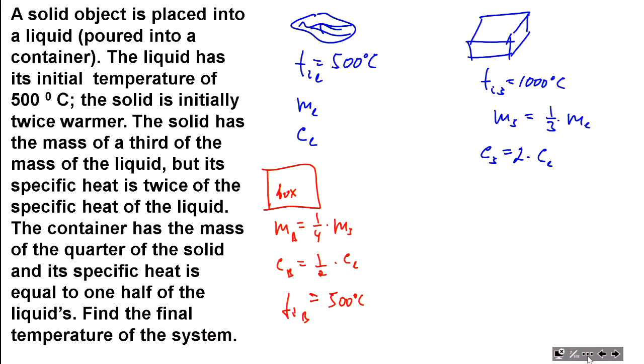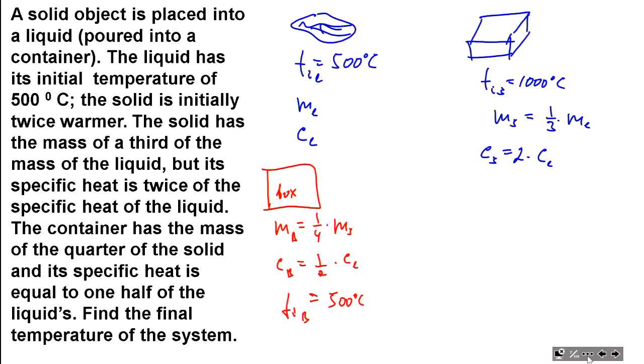But now we know all the temperatures, and now we can draw the diagram, because I like to show an object with a higher temperature at a higher place in a diagram.